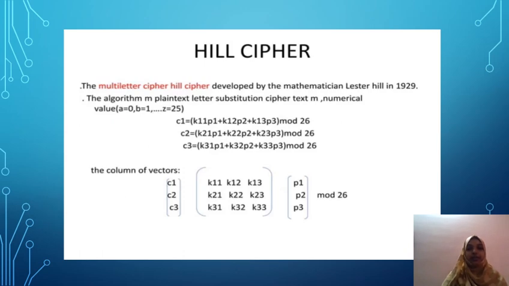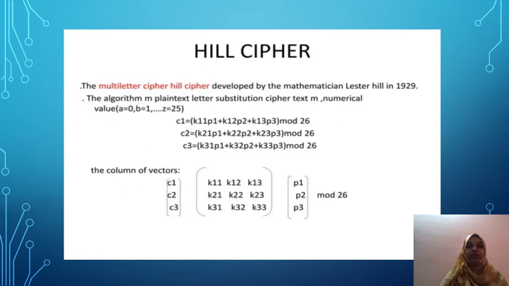So C1 is equal to (K11 P1 plus K12 P2 plus K13 P3) mod 26. Similarly, C2 is equal to (K21 P1 plus K22 P2 plus K23 P3) mod 26. Similarly, C3 is equal to (K31 P1 plus K32 P2 plus K33 P3) mod 26. Here we are using the concept of vectors and matrices.